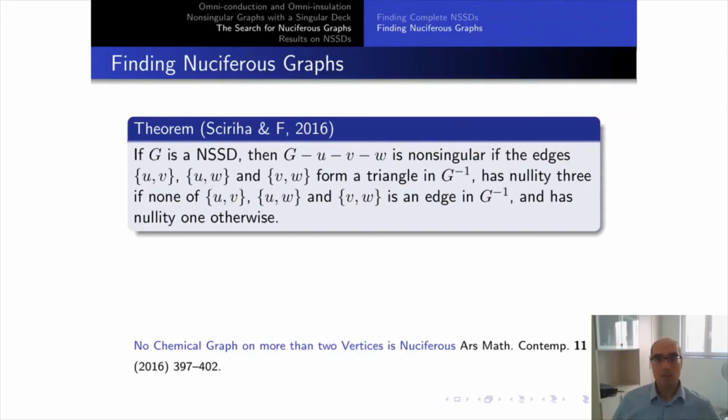Otherwise, if there are 2 or 1 of these 3 edges in the inverse, then G minus U minus V minus W will have nullity 1. So nullity 2 is never there. There are no 3-vertex-deleted subgraphs of NSSDs having nullity 2.